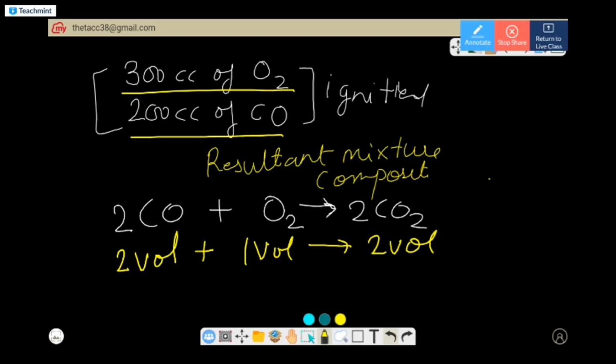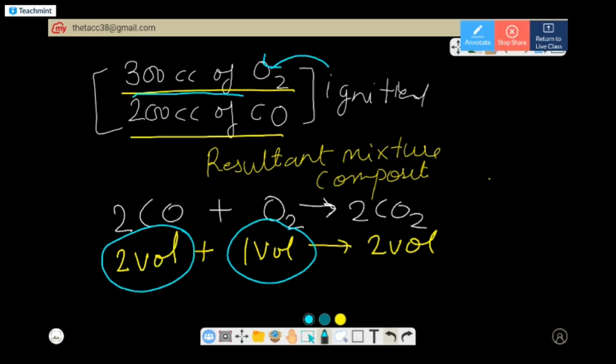Now, why that? Because of course it needs oxygen, but how much oxygen is required for 2 volumes? Only 1 volume of oxygen is required. So definitely oxygen's requirement is less here. That is there for every question.